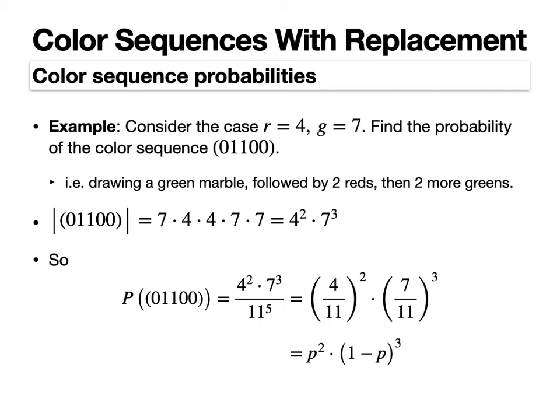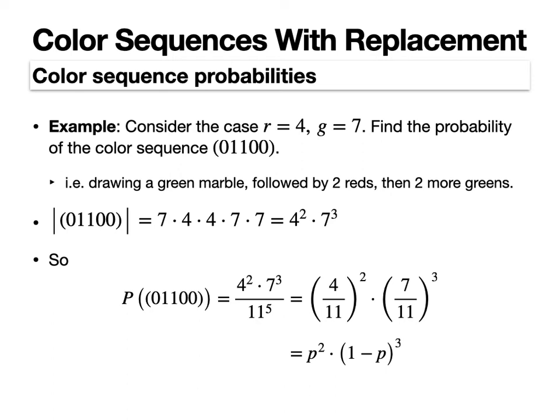Well, there's 7 green balls, so you have 7 different choices. For each of those, how many ways are there to choose the second ball so that it's red? Well, there's 4 red balls, and so I could choose any one of those. So we have 7 times 4, and in the same way, there's 4 ways to choose the third ball, which is red, 7 ways to choose ball number 4, which is supposed to be green, and 7 ways to choose ball number 5, which is also supposed to be green. So you get 4 squared times 7 cubed as the total number of outcomes that have that color sequence 0, 1, 1, 0, 0.